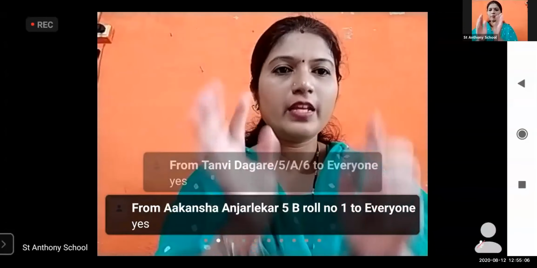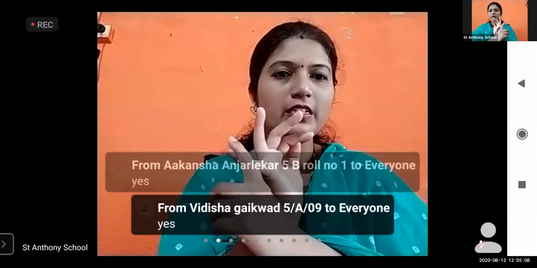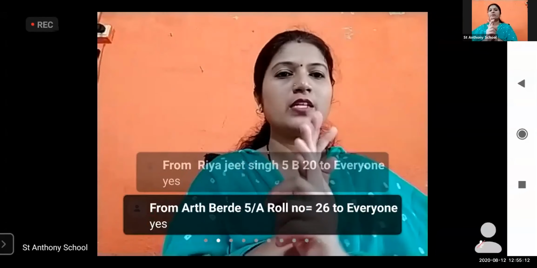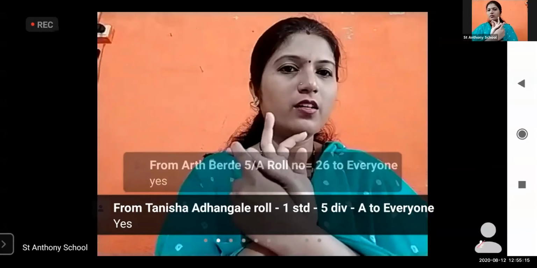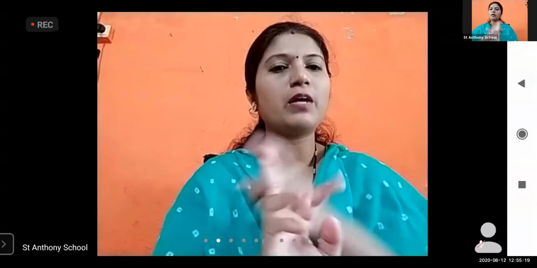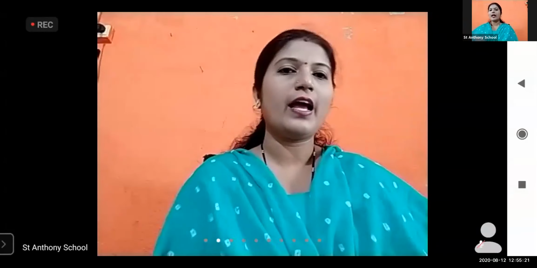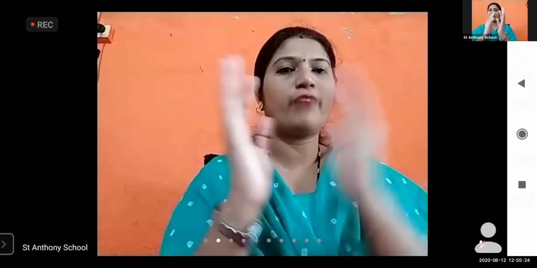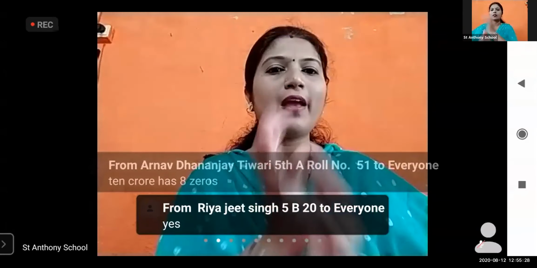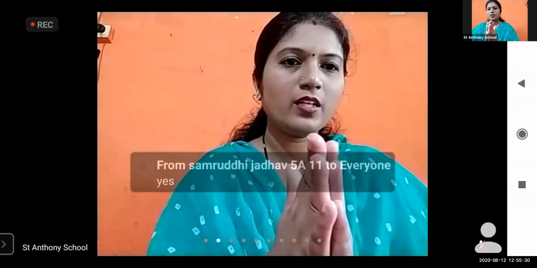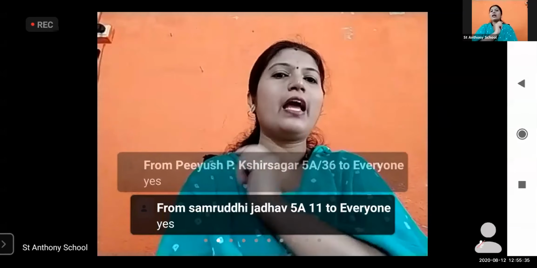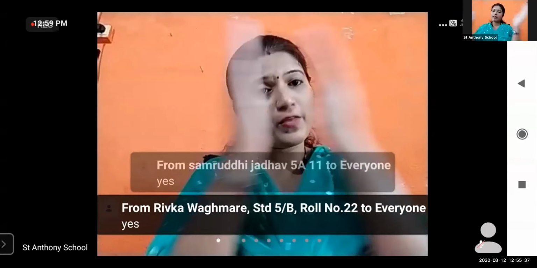In number work we learned how to read and write 5 digit numbers in words and in figures, then 6 digit numbers, and 7 digit numbers. We also saw the expanded form of 5, 6 and 7 digit numbers, how to make the expanded form from a given number, and how to make a number from a given expanded form.